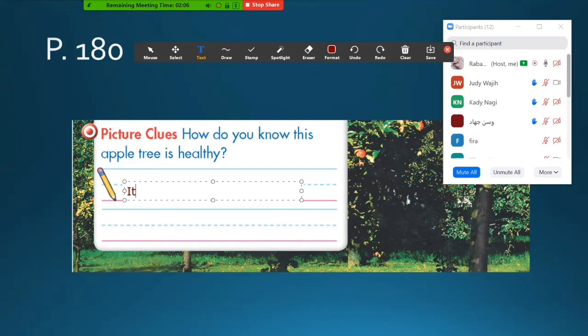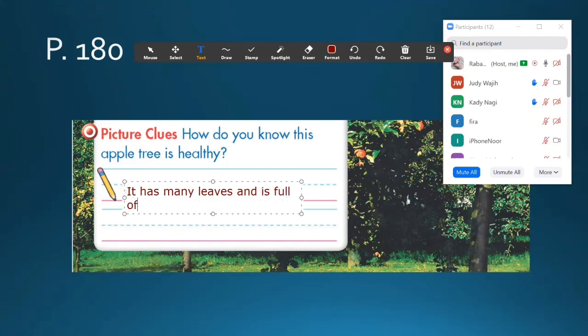It has many leaves and is full of apples.